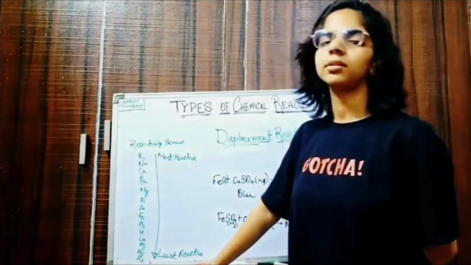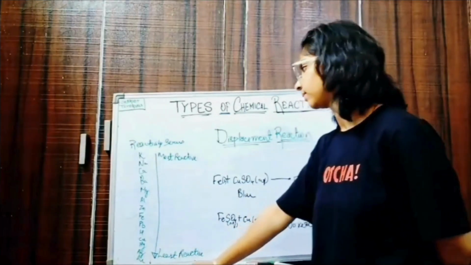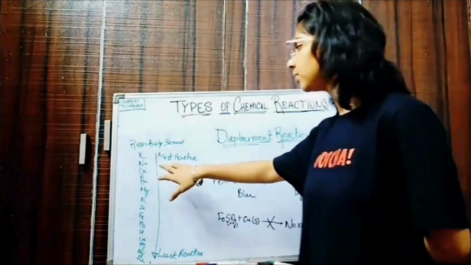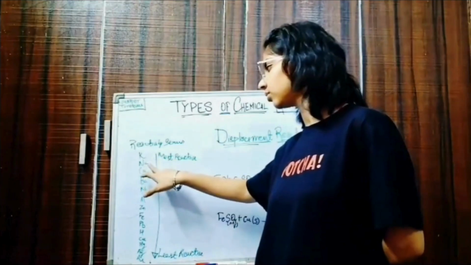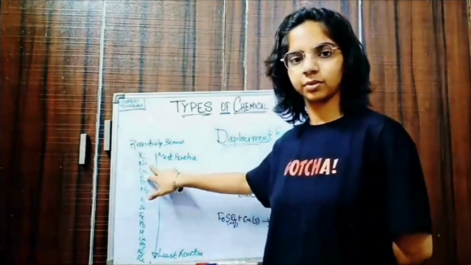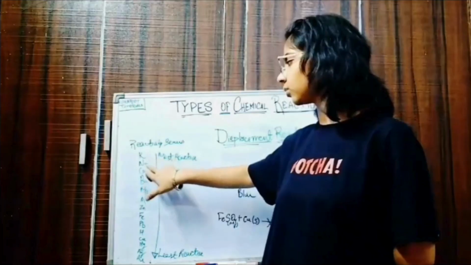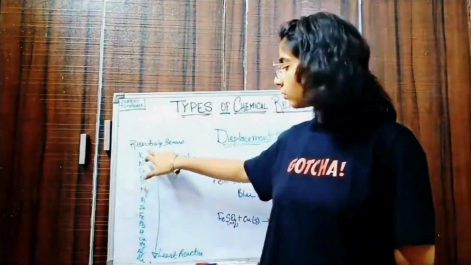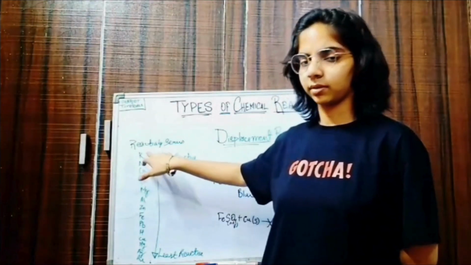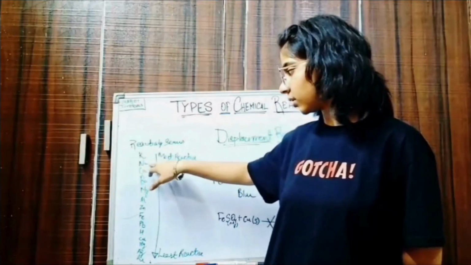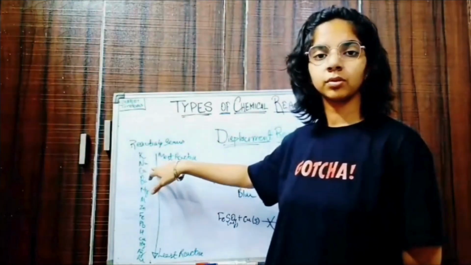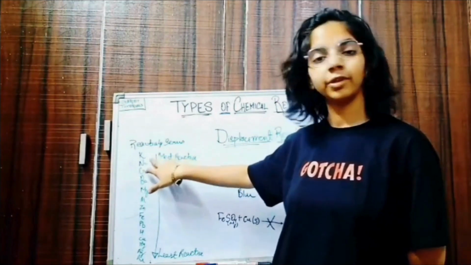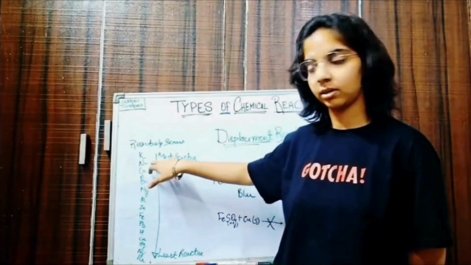So why is this reactivity series required? See, for example, if potassium wants to react with any salt of sodium, like NaCl, then only potassium has the capability to displace the sodium from the chloride ion and form potassium chloride salt.